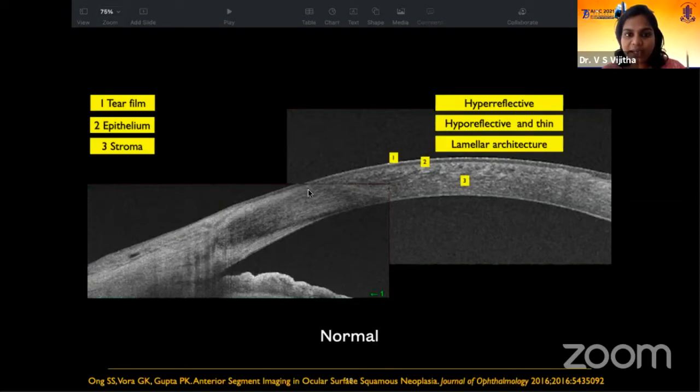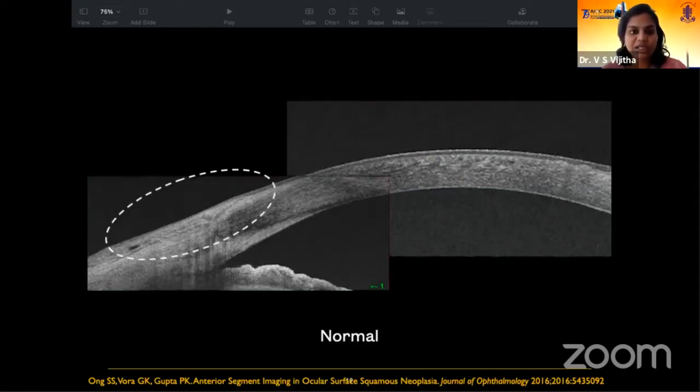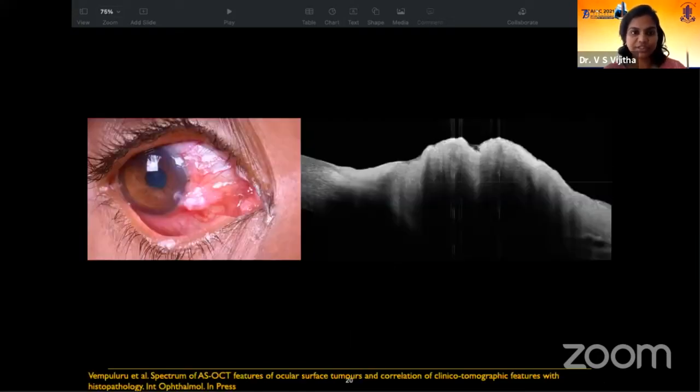The corneal end has a clearer picture with a thin hyperreflective tear film, followed by hyporeflective and thin corneal epithelium. Deep to that is the stroma with the lamellar architecture. The limbus is usually where the OSSN arises, and that is our area of interest.